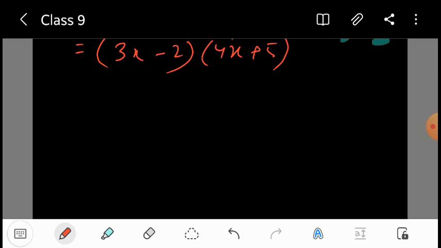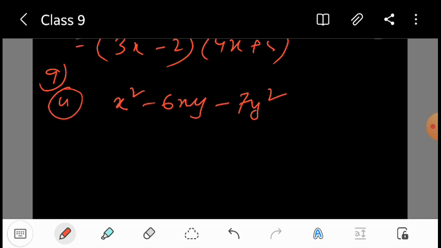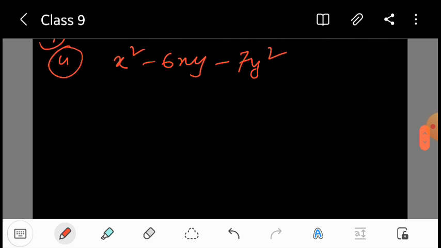Now another type of problem, that is this one, question number 9(2), that is x square minus 6xy minus 7y square. Now this should be done the same way, middle term factor. That means we will have this coefficient and this coefficient multiplied. Here nothing is written, so that means we need to take 1, right?